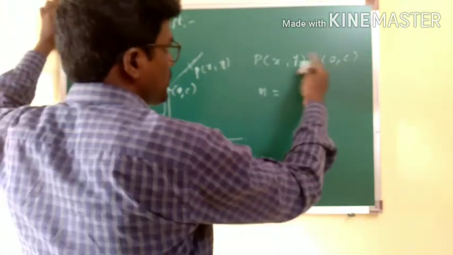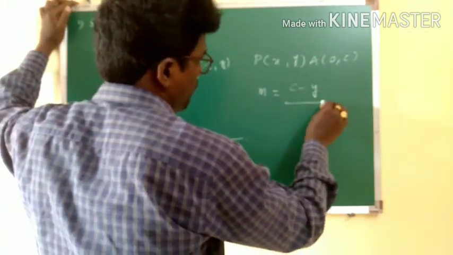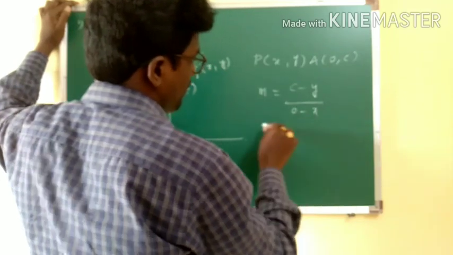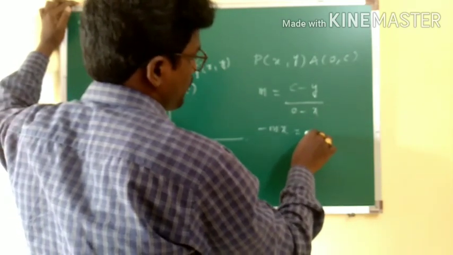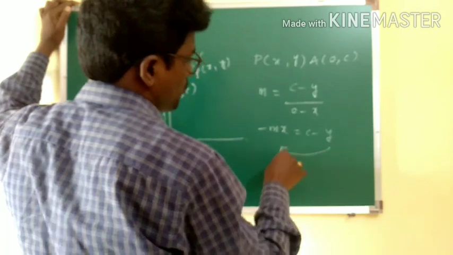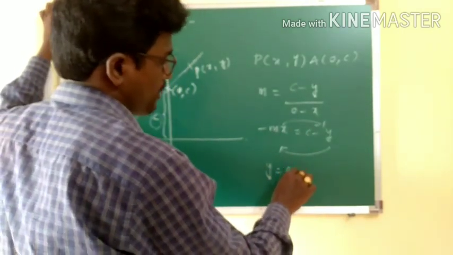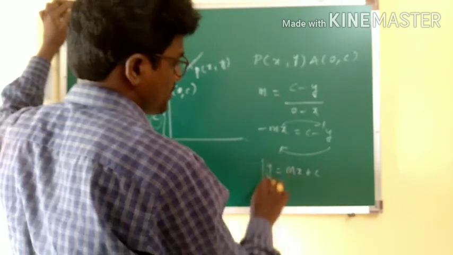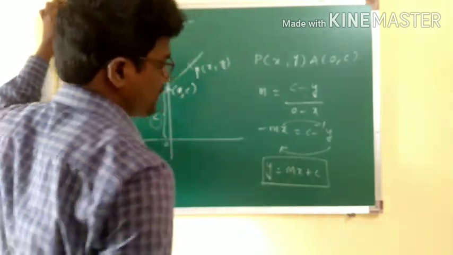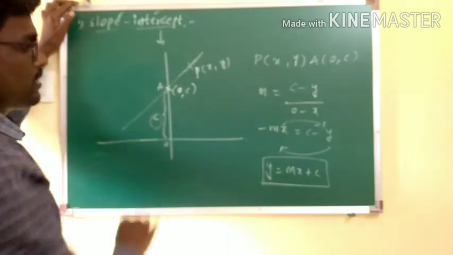m is equal to c minus y by 0 minus x. So minus mx is equal to c minus y. Transposing y to the other side and minus mx to the right side, you get y is equal to mx plus c. This is the standard form of the slope intercept form.